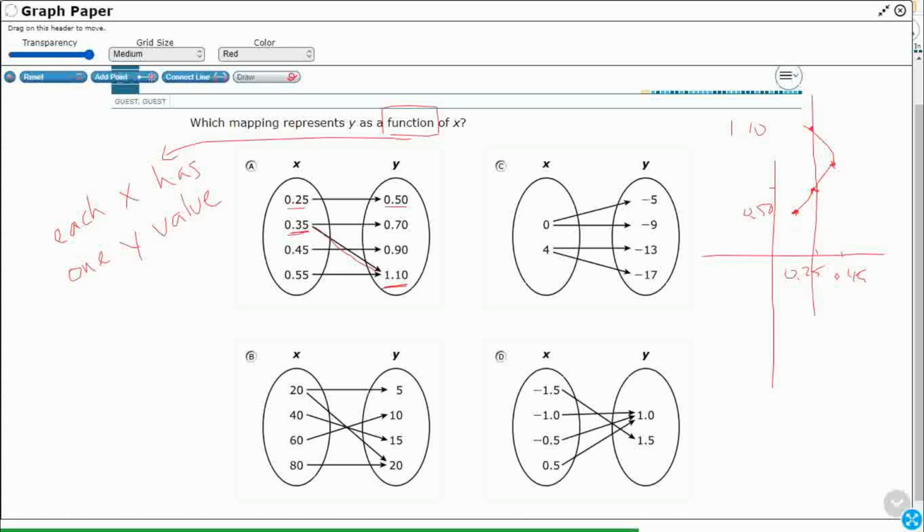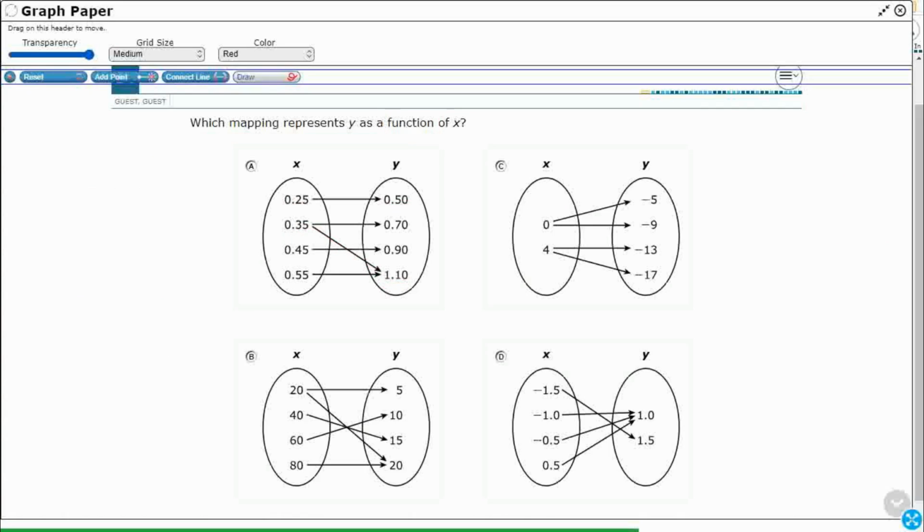So when you graph it, you actually have a vertical line. And you could use a vertical line to say, if the vertical line only touches the graph once, it's a function. If it touches the graph more than once, then it is not a function. So A does not work.